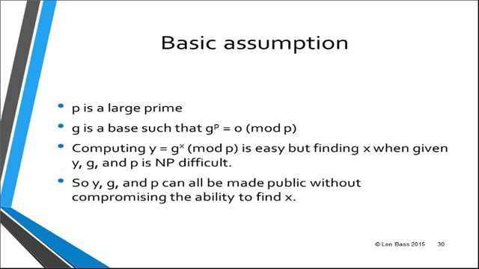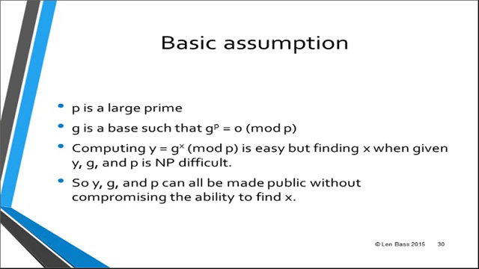And one is, how do you calculate these things, like raising something to a large prime and making sure it's 0. So computing y equal g to the x, where g is this base, modulo this large prime, is easy. But finding x when you have all the other factors is difficult.